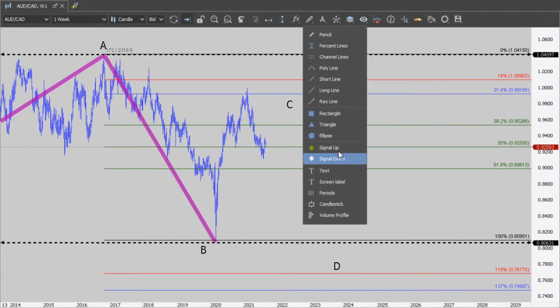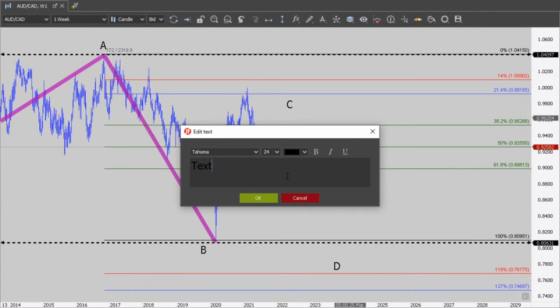Okay, so this is the original Fibonacci, everybody, and the concept. We are using the original Fibonacci, number one, to determine general direction.